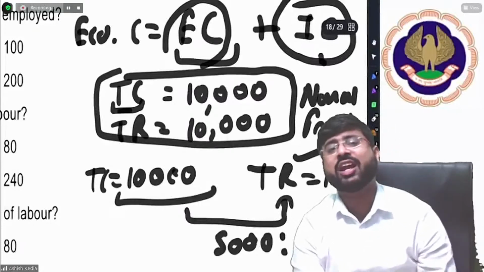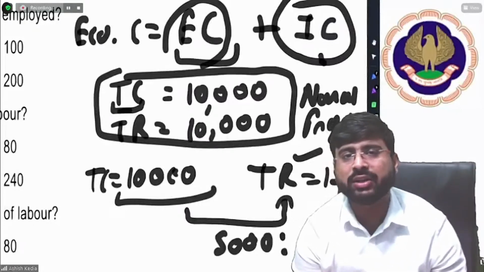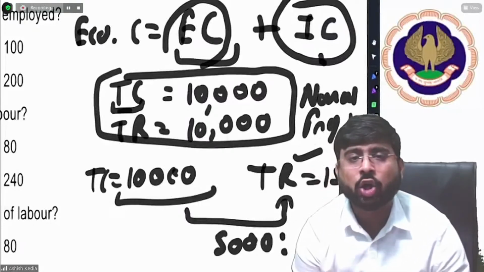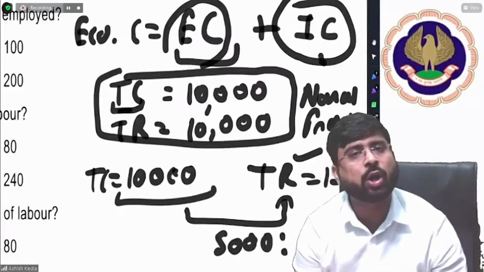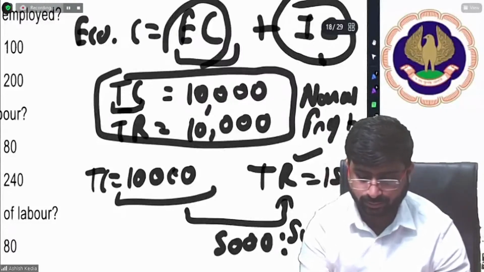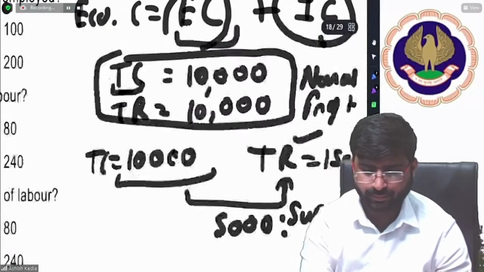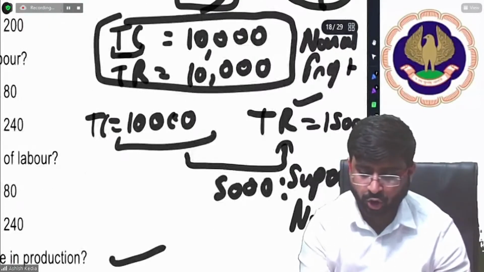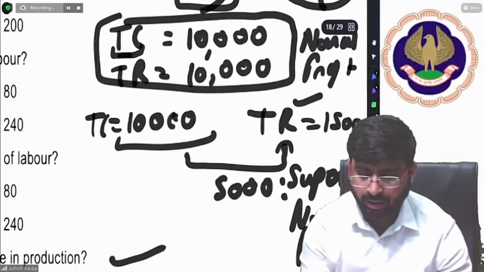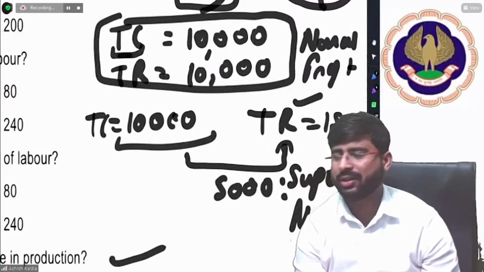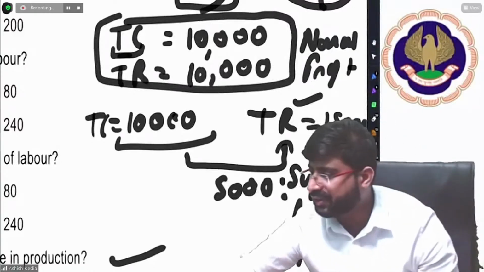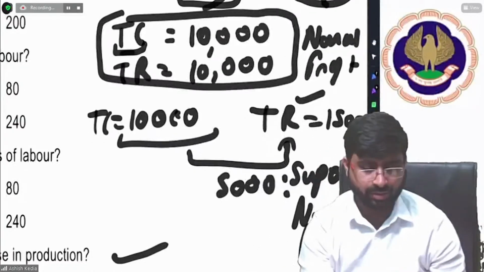This, my dear friends, in economics, is called supernormal profits. This is what supernormal profit is. Very good.